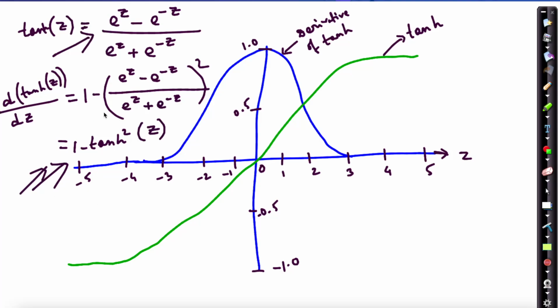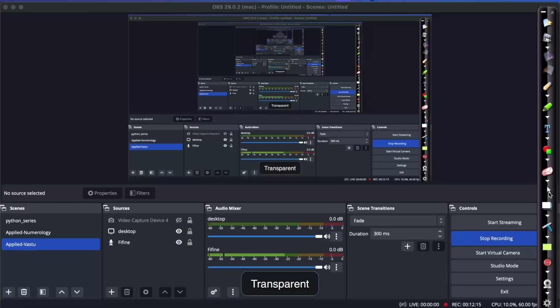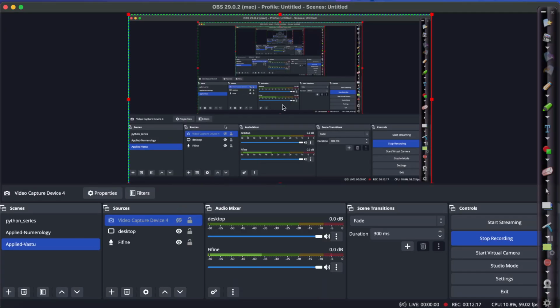I hope this concept is very clear, and in the next video we'll see the problems related to these functions. These functions will be creating certain problems in neural networks, because the derivative is within 0 to 1.